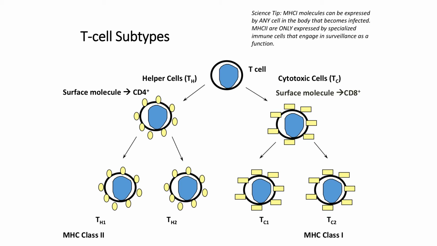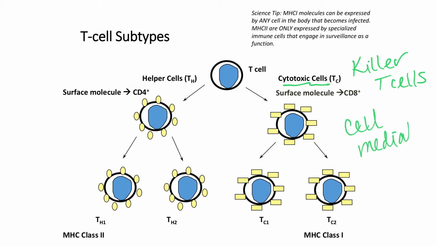The second type of T cell is called a cytotoxic T cell. Cyto is cell and toxic means deadly too. Cytotoxic T cells are also called killer T cells, which is a much better name, killer T cells. And killer T cells are engaged in what's called cell-mediated cytotoxicity.